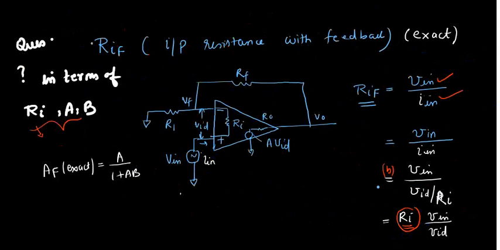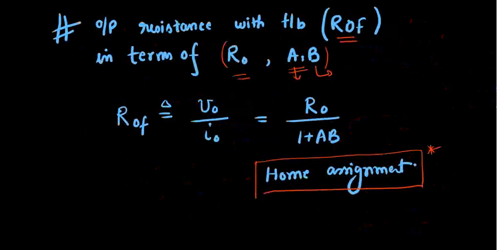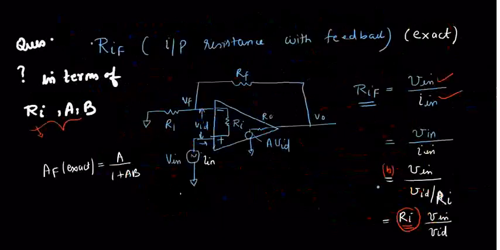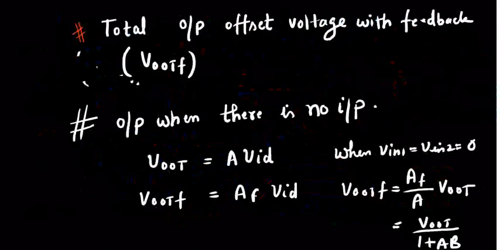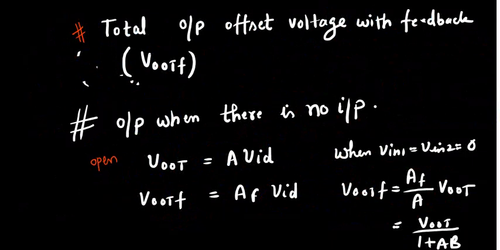See, this is your equivalent circuit of voltage series feedback, correct? Even when your Vin is 0, there will be some VID, due to which you will get some output. So for open loop configuration, you will get this gain, this output, correct?